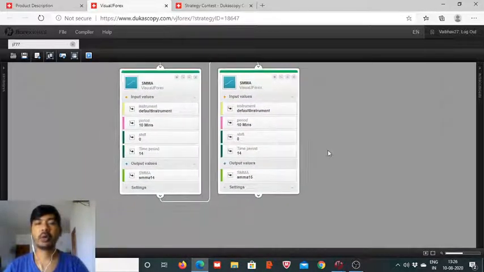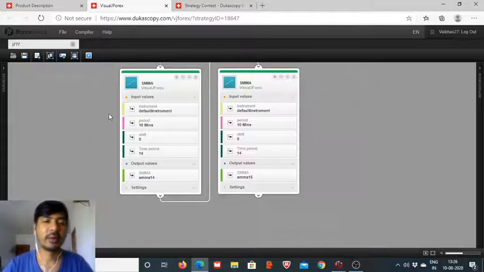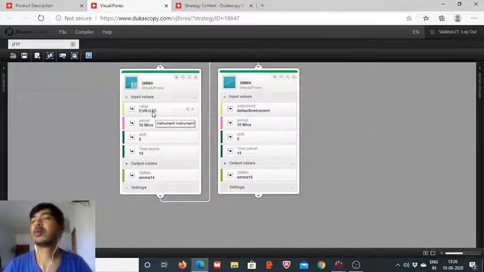So all you have to do is define the various input parameters, and then you will get the output parameter. Suppose you want to design the algorithm on EUR/USD; then all you have to do is nothing, as EUR/USD is the default instrument for this Visual JForex platform.